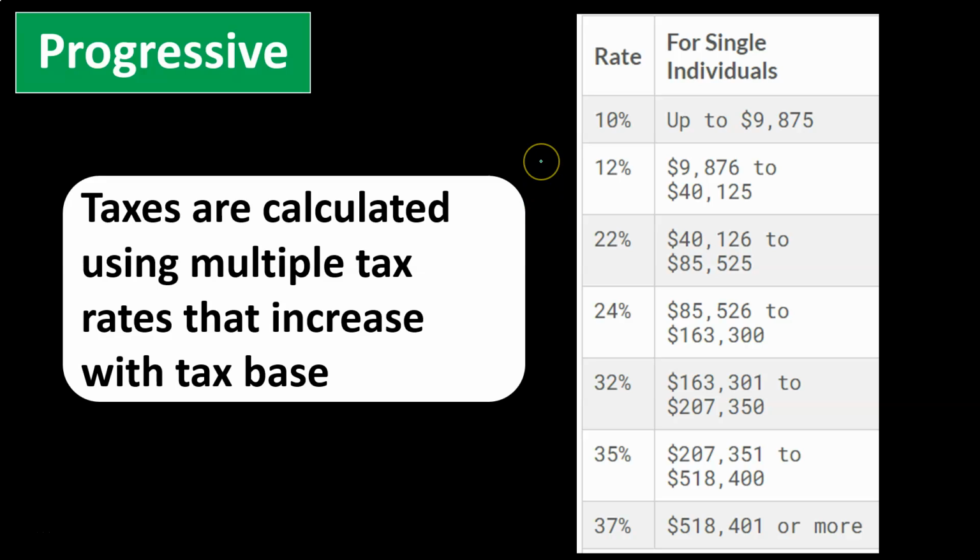So the complexity of a progressive tax system is what leads to a lot of distortion with regards to the debate of whether we should have a more progressive or less progressive system. Notice you can also think in terms of how progressive something is. Something can be a more progressive system or a less progressive system.